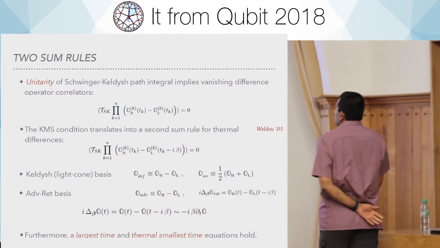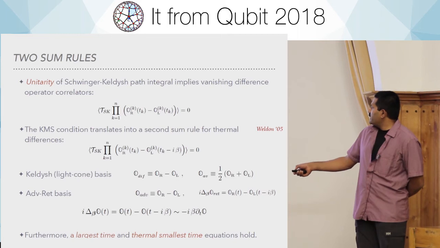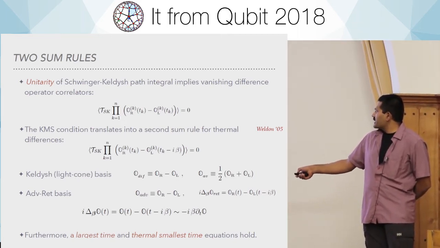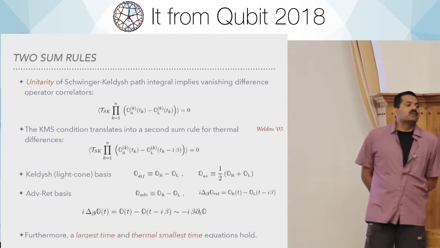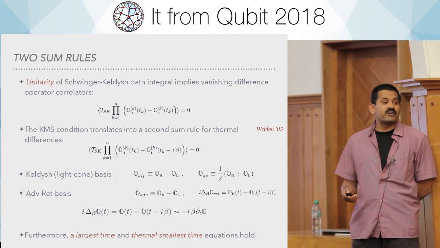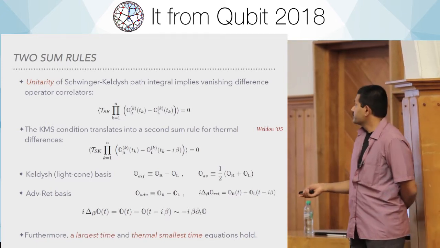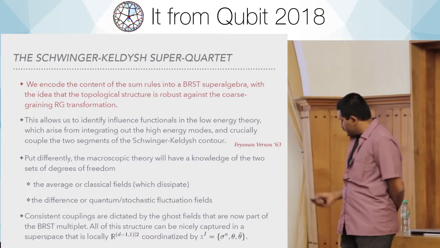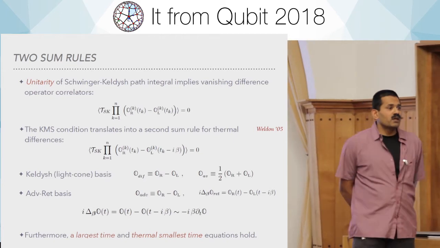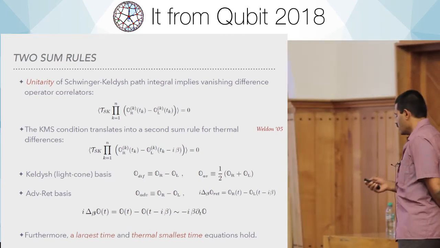Now, I'm going to use a shorthand for later, an operation delta beta, which is the difference of an operator at time t minus the operator time shifted by i beta. So it measures how much an operator has been taken around the thermal circle. These two statements are true by construction in the Schwinger-Keldysh theory.